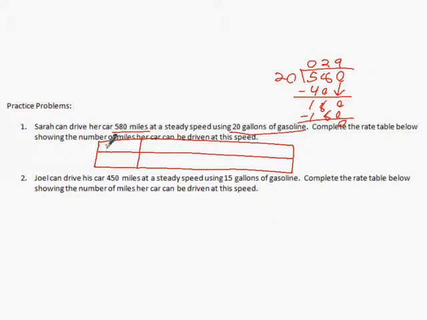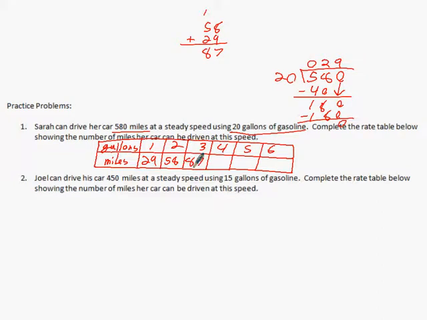So I have gallons and I have miles. For every gallon, she can drive 29 miles. So we're just going to go 1, 2, 3, 4, 5, 6, and count up by 29. So 29, 58. Up here, I'll do 58 plus 29 is 87.